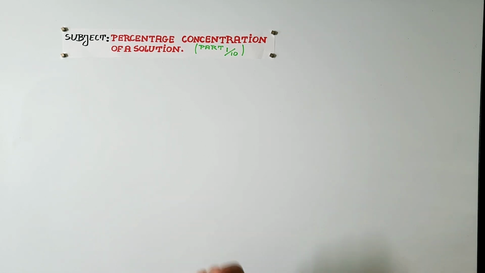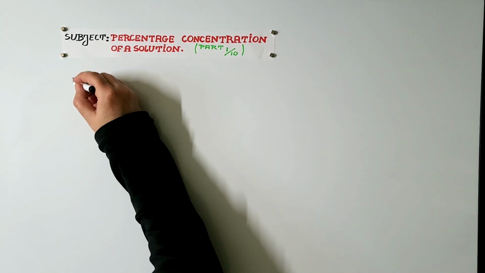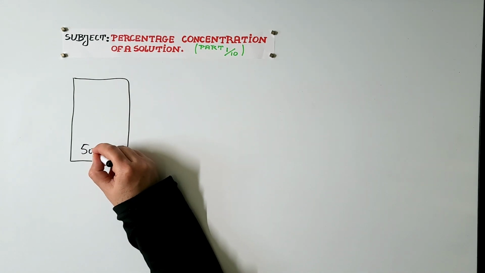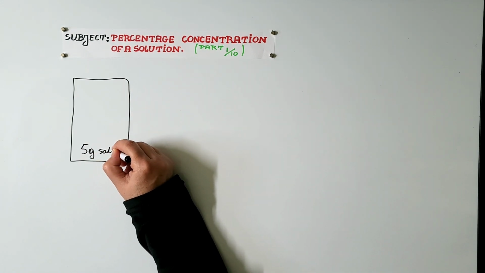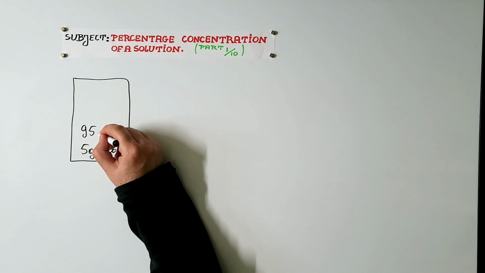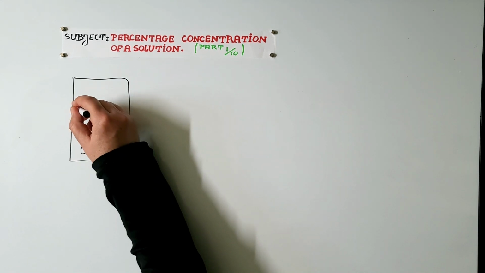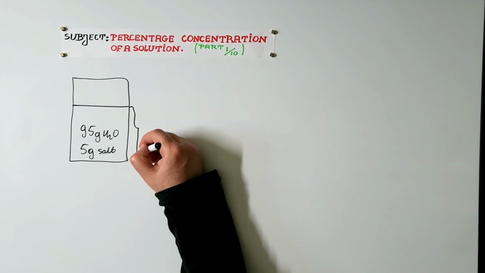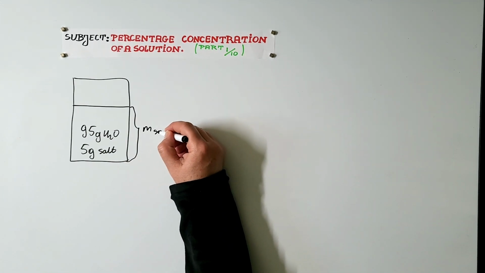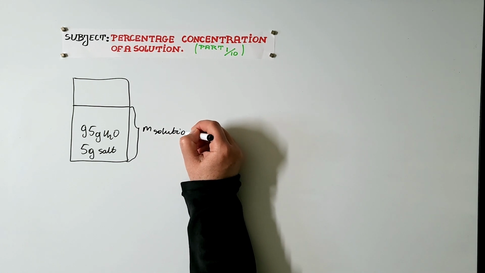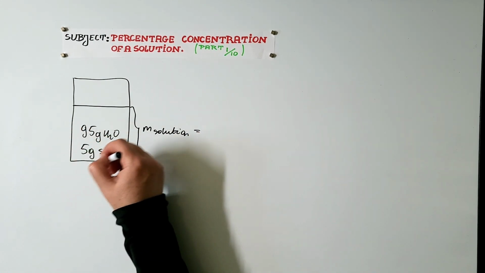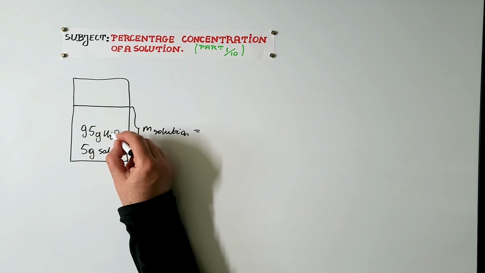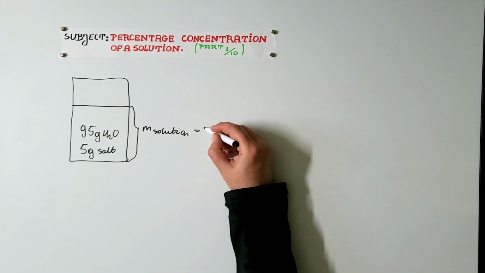For example, we have a beaker that contains 5 grams of salt and 95 grams of water. What is the mass of the solution? The total mass of solution is mass of solute plus mass of solvent, in this case water.